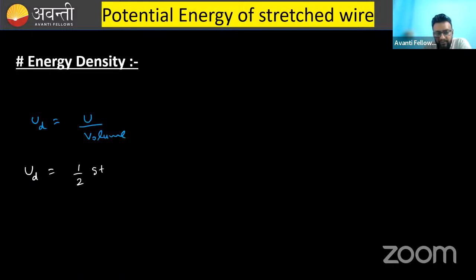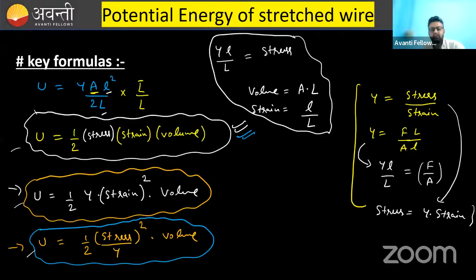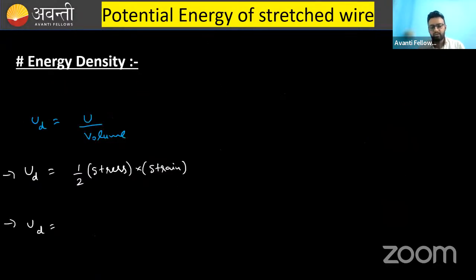Half stress into strain. This is energy density, U for energy, D for density. There might be some other symbols as well. Again, you can write it in this expression, and you can remove the volume. So it will become half Y into strain square.